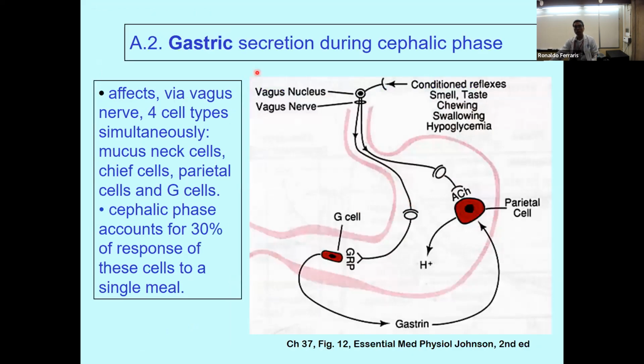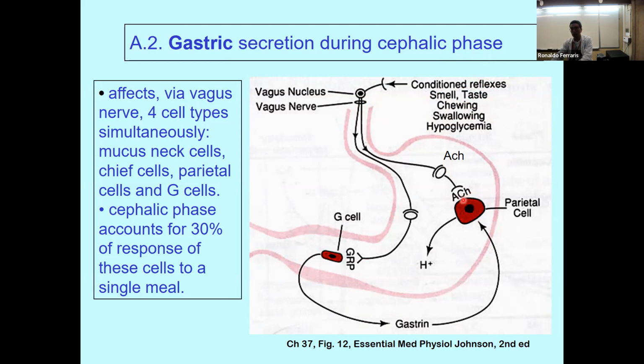Okay, so what about gastric secretion during the cephalic phase? Again, when nothing is in the stomach, you're just thinking about food. That alone, thinking of food or smelling or the act of chewing, would stimulate the vagus nerve and release acetylcholine to the interneuron that's connected to the parietal cell.